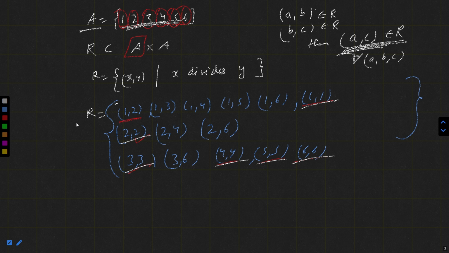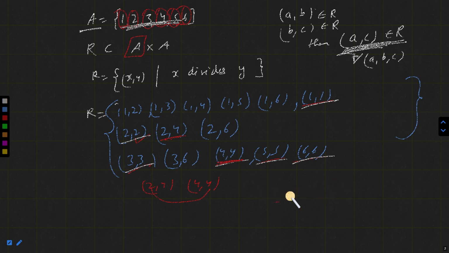Now let's check. Let's take (2, 4) and (4, 4). So (2, 4) and (4, 4), this means (2, 4) belongs to R. Yes, it is satisfied.